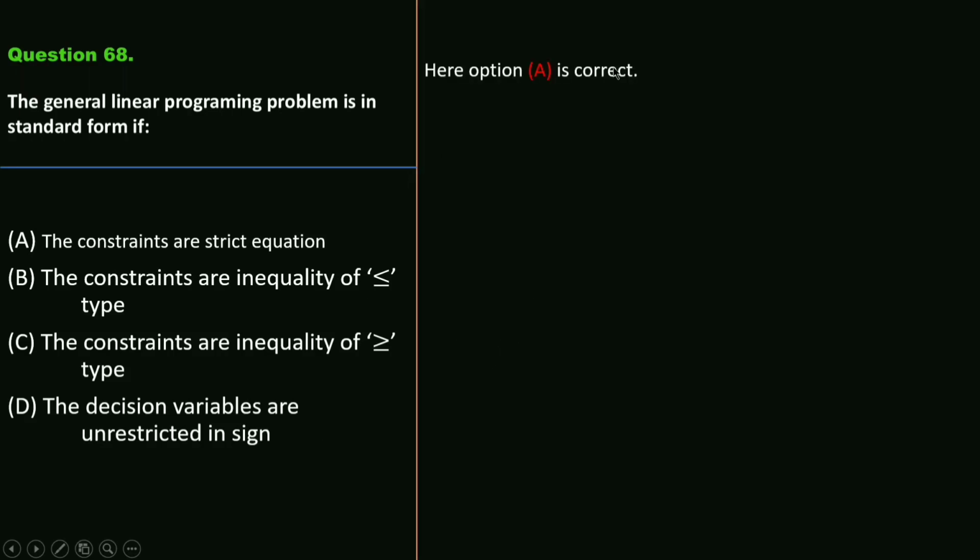Here option A is correct one. That means the constraints are equations. Then we say that the linear programming problem is in standard form. There is nothing to write as a conclusion. Remember this thing and apply it in the exam.